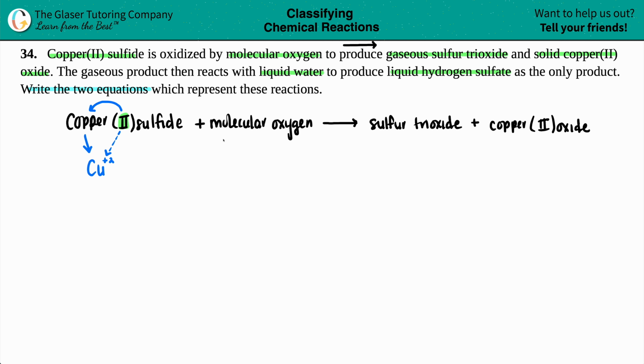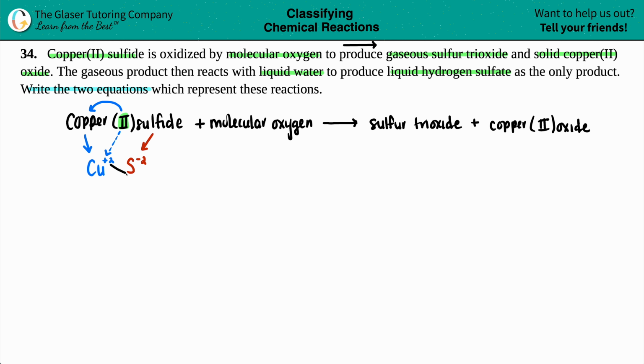Sulfide comes from sulfur on the periodic table, and that's just an S. Sulfur is in group 16 or 6A, the same group as oxygen, and that is always the -2 charge. So all we have to do here is crisscross applesauce and simplify. I have 2 and 2.